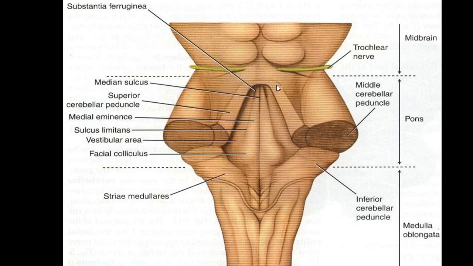Between the two superior cerebellar peduncles there is the superior medullary velum, which is a thin sheet of gray matter forming the roof of the fourth ventricle, and the superior cerebellar peduncles form the superolateral boundary of the fourth ventricle, while the inferior boundary of the fourth ventricle is formed by the inferior cerebellar peduncles, the tubercle cuneatus, and tubercle gracilis fasciculi.